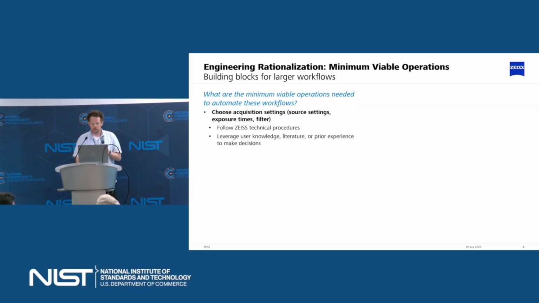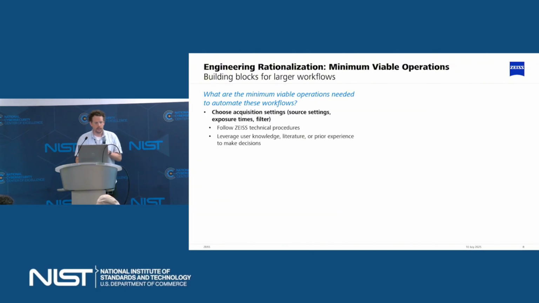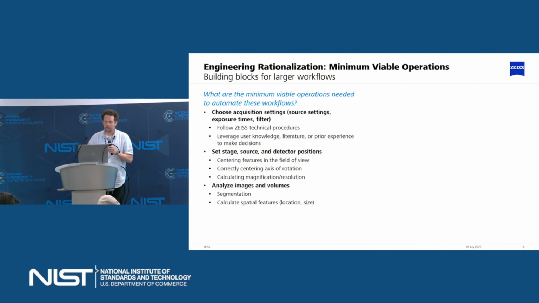There are a couple things I definitely need my multi-agent system to be able to do, preferably 100% of the time. You know, where to put the sample or the detector, how to calculate magnification based on features, things like that. It needs to be able to analyze images, and do image segmentation, at least to a certain degree.